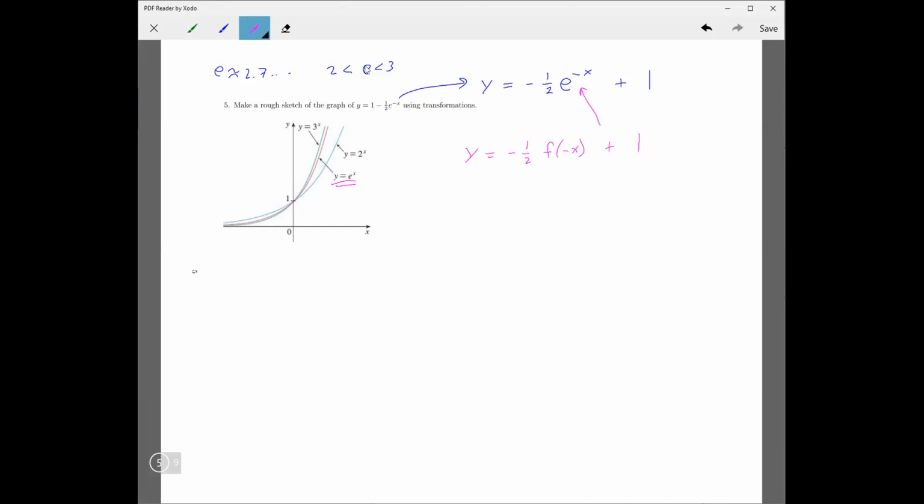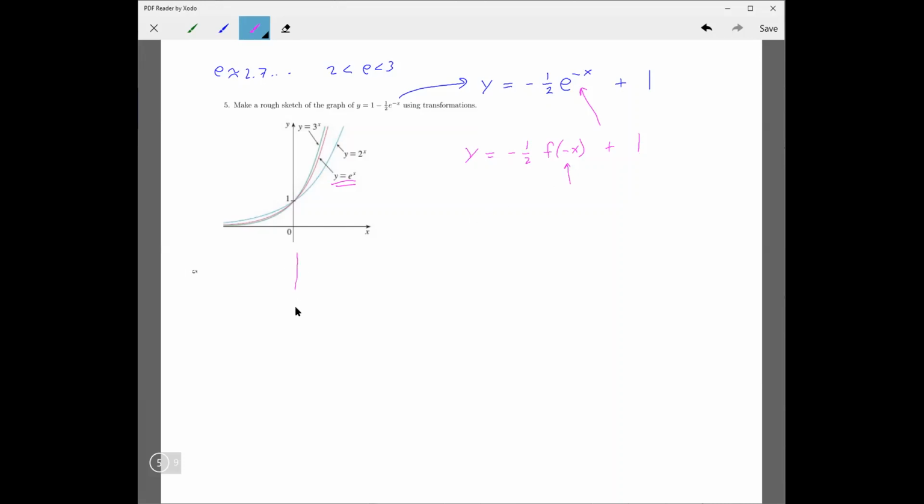So the negative inside, remember, the inside stuff is horizontal, and this will reflect it through the y-axis. This is multiplied by negative, a reflection.